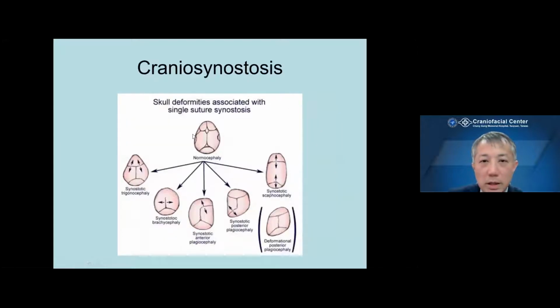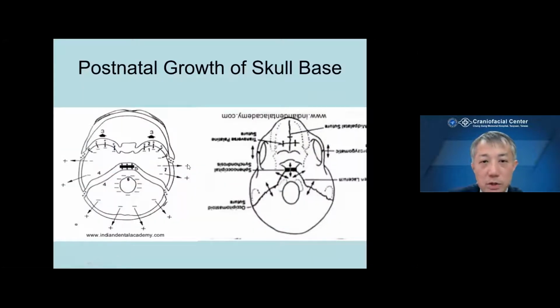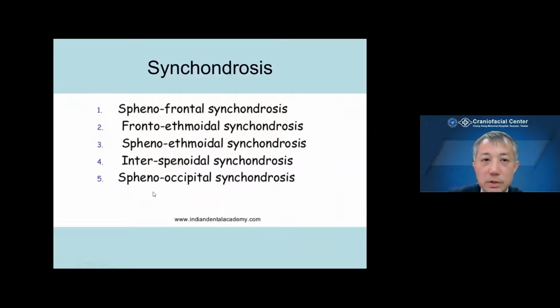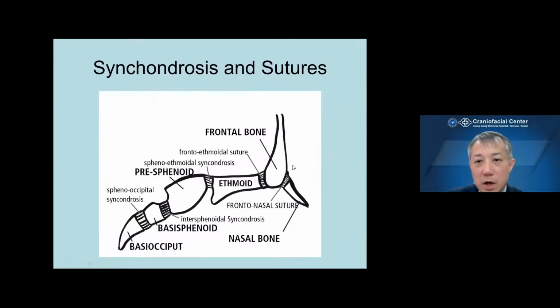So when we see a patient with craniosynostosis, we not only see the deformity of the cranium, but we also have to pay attention to the skull base deformity and the compromised growth, because the synchondroses among the sutures can decide the size of our skull base.